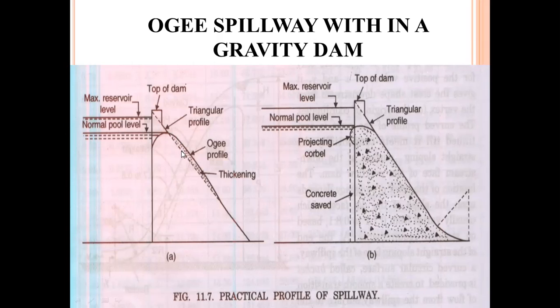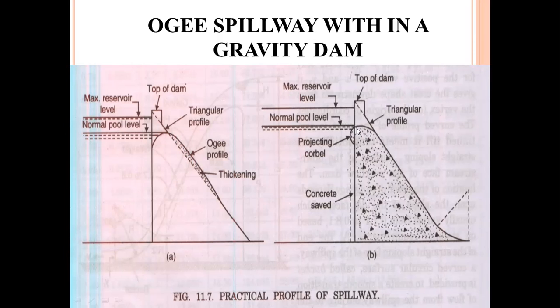Here, for developing the Ogee profile, the downstream wall is thickened. After thickening the downstream, the upstream is extended, with the Ogee shape going into the reservoir, because water is entering at the top.